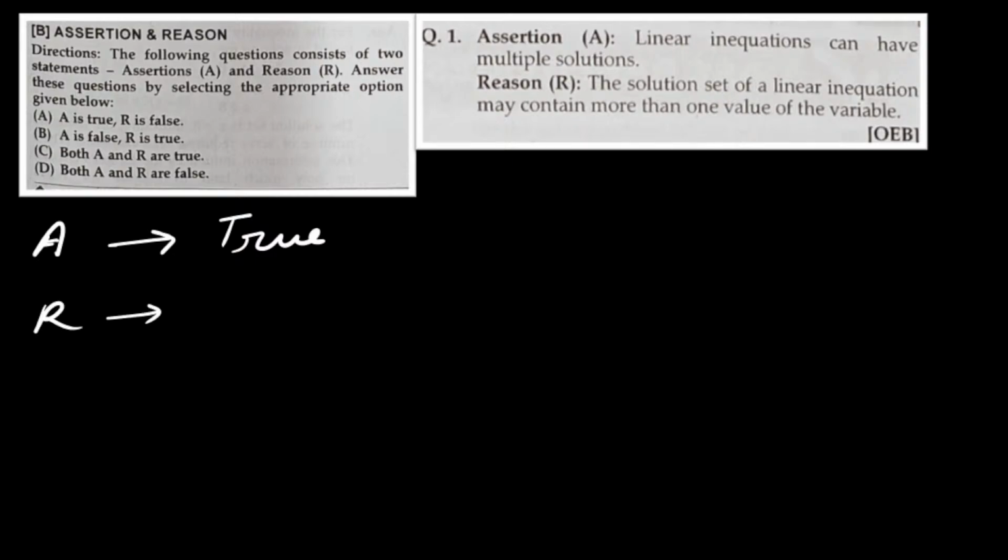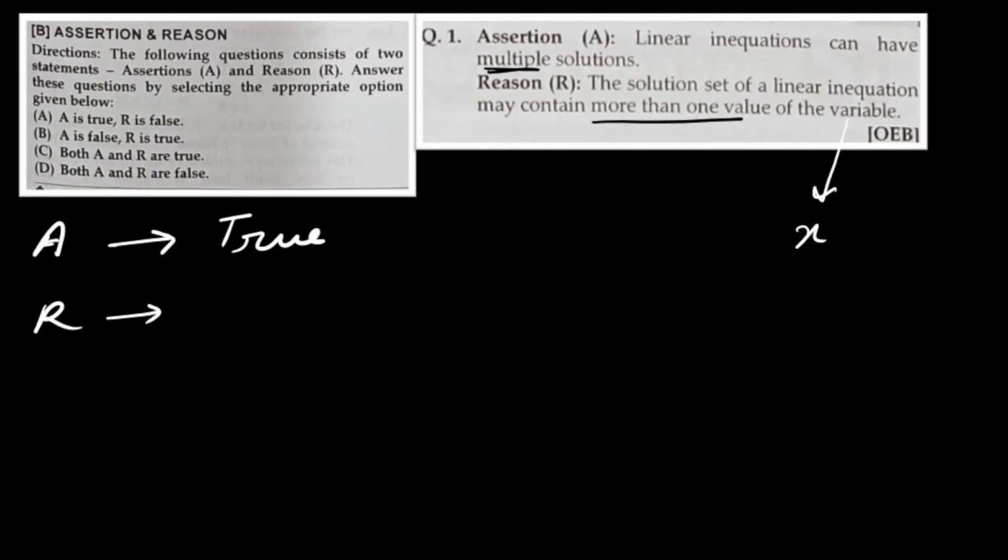Let's see our reason now. The solution set of a linear inequation may contain more than one value of the variable. Variable means like x, y, whichever variable our linear inequation has. Here they have used the word multiple, and here they have used the words more than one.